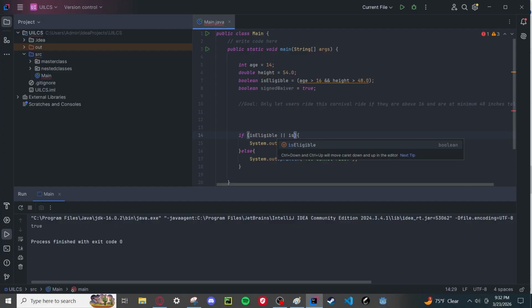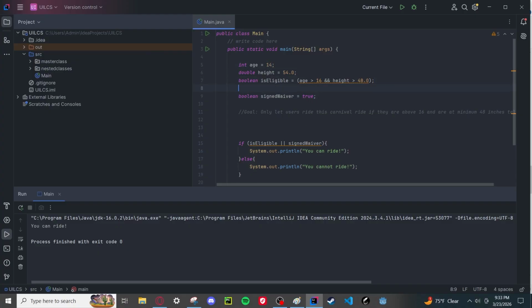So or signed waiver is true. Now when we run this, you'll see that I'll be able to ride. It'll say you can ride, even though I don't meet is eligible. Even if we print out is eligible, let me just print that out for clarity, is eligible is going to be false, right?